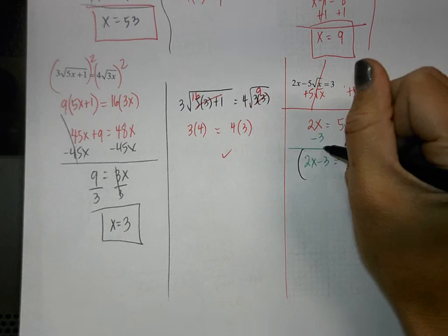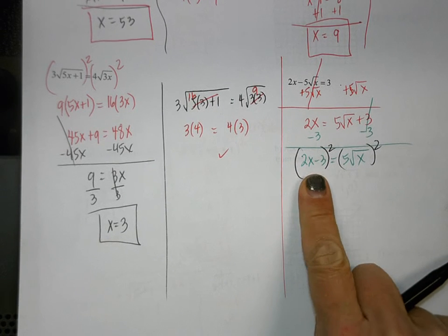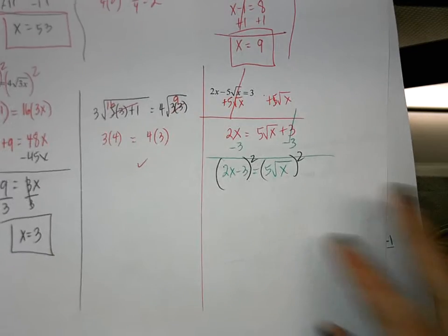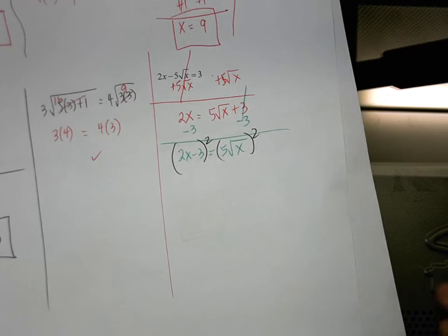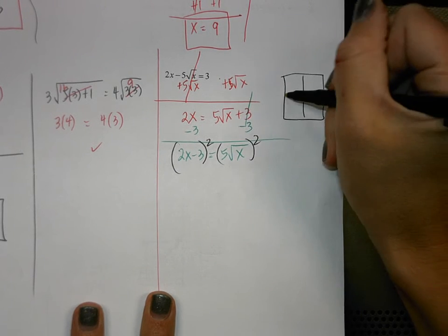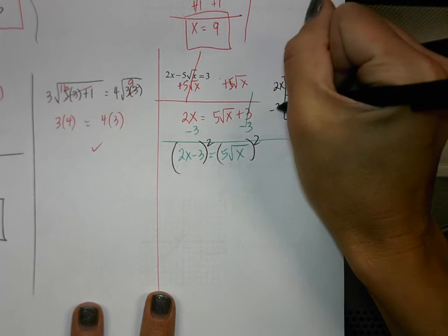So what happens when I have, this is called a binomial, two terms here? I have to do the box method, or FOIL, however you decide that you want to do that. Do you guys like the box method best? Okay, so I'll make a box, and we have 2x and negative 3, and we're writing that twice because we are squaring it.